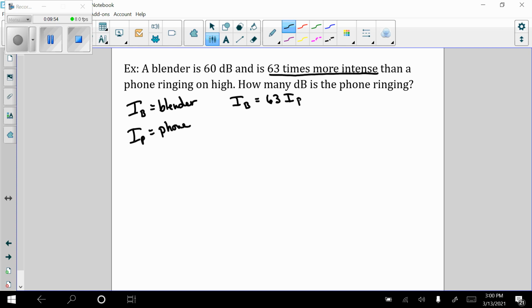So this is a decibel one. So all I'm doing is substituting numbers in here now. So I have 10 log. Okay, so remember the blender's more intense than the phone. So I have 10 log.